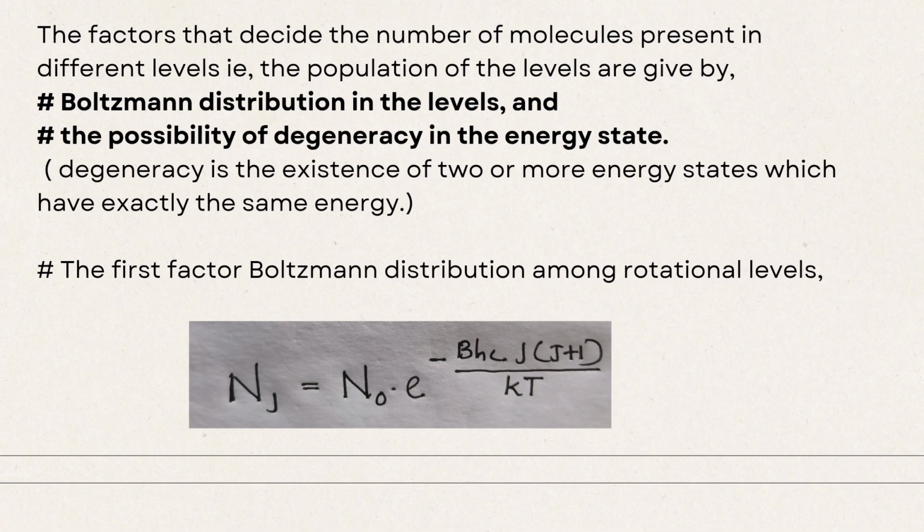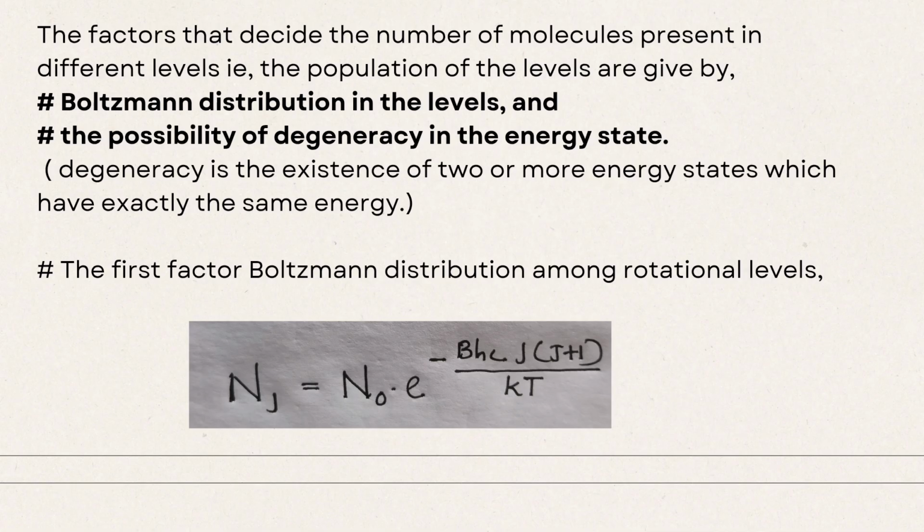The factors that decide the number of molecules present in different levels, that is the population of levels, are given by Boltzmann distribution in the levels and the possibility of degeneracy in the energy state. Degeneracy is the existence of two or more energy states which have exactly the same energy.